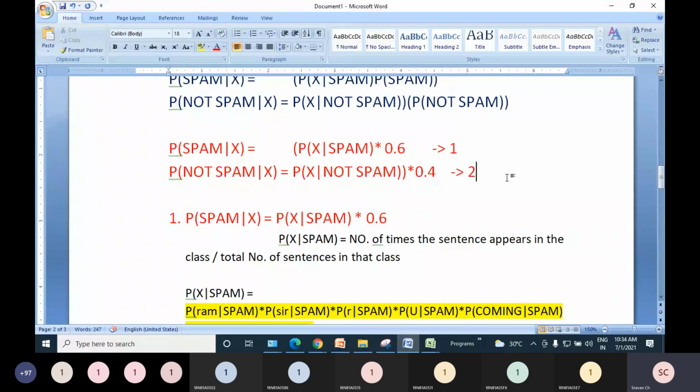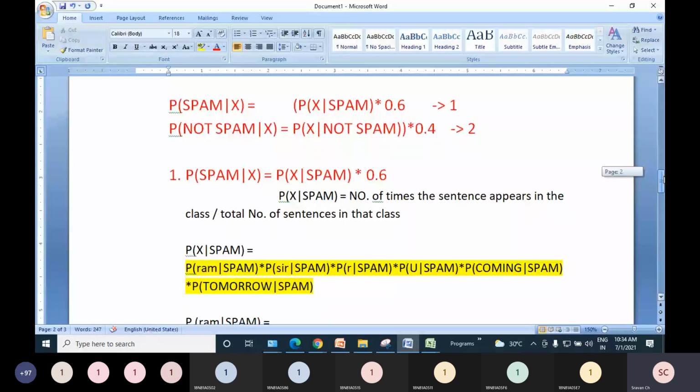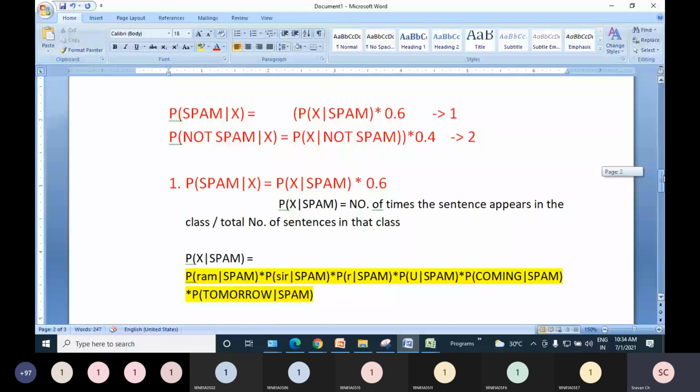If the probability of not spam is greater than the probability of spam, then I treat X as a not spam message. So this numerical calculation process I have shown you, how individual calculations are done, that also we have seen in a couple of examples. If you get a zero, how to deal with it, that was also shown. So I hope now you can calculate P of spam by X. Equation 1 and equation 2 are important, my dear friends.